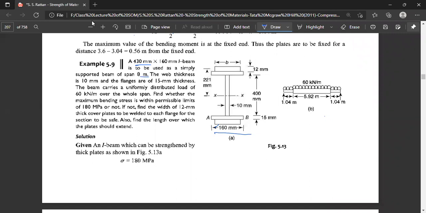So here it is a simply supported beam, supported from this end to this end.